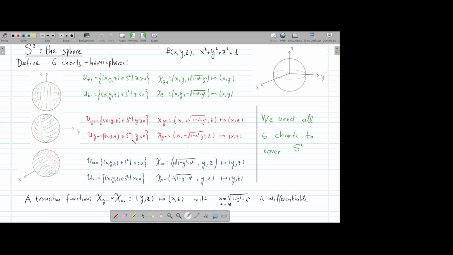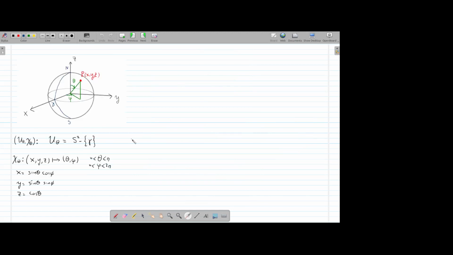And the answer, as we will soon see, is no. We only need 2 charts. But as a step in that direction, let's consider a very familiar coordinate system for the sphere, coming from the spherical coordinates of point x, y, z.